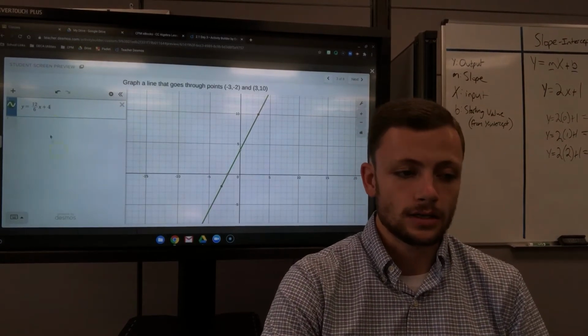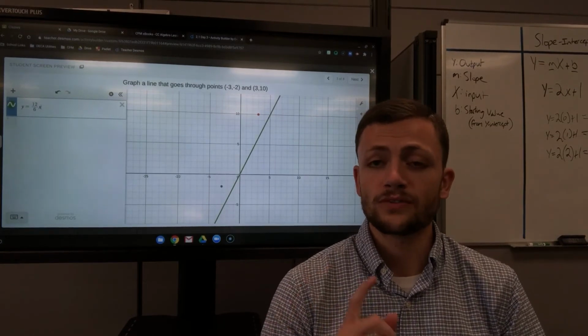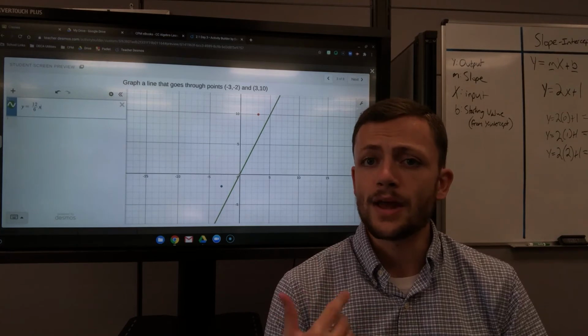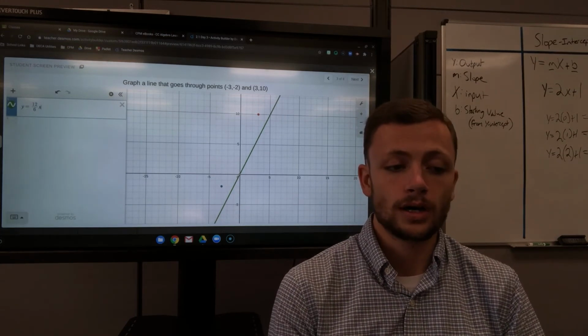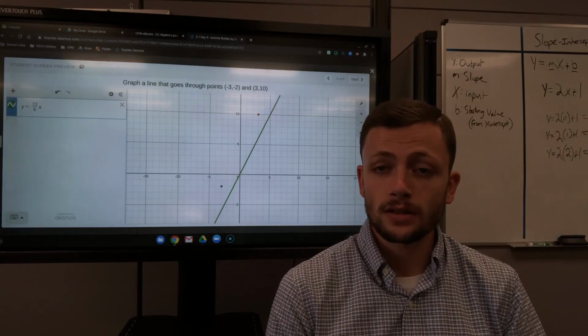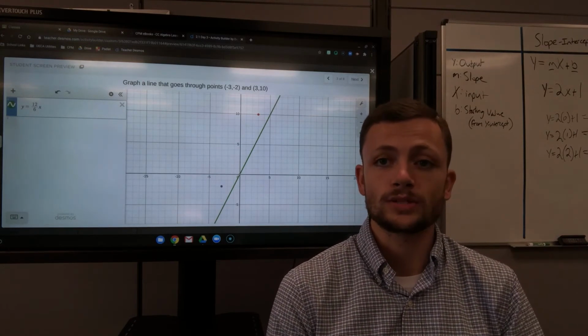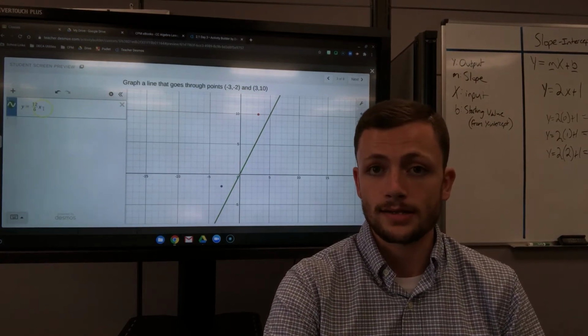So taking a look, we started with just y equals. We found our delta y and then our delta x. We came up with that ratio. It was 2 to 1, but Desmos is nice and automatically simplifies it. And we graphed a line that was below it. So I have my y equals m times x. I have y equals 12 over 6 times x. But I need my b.